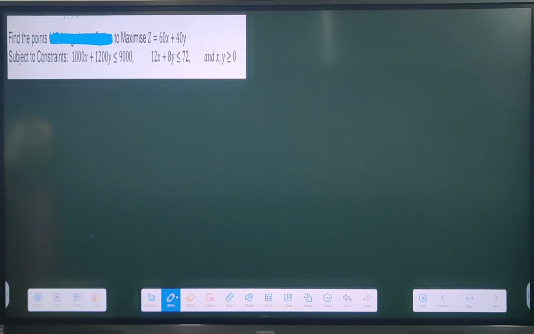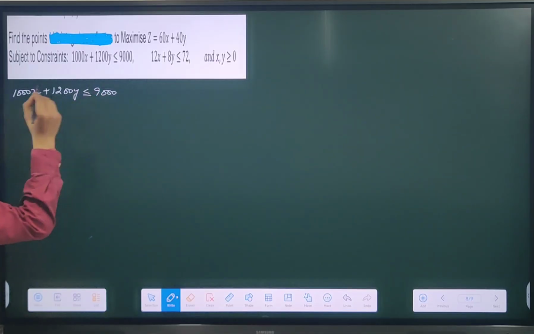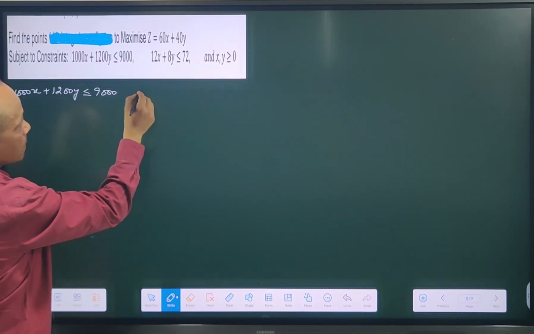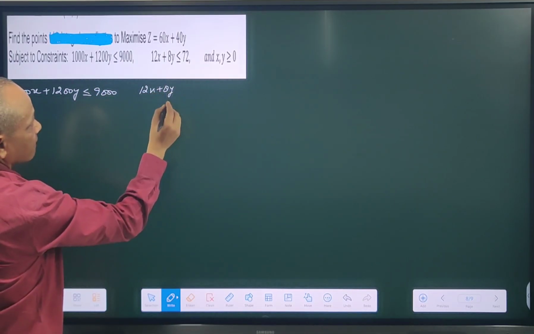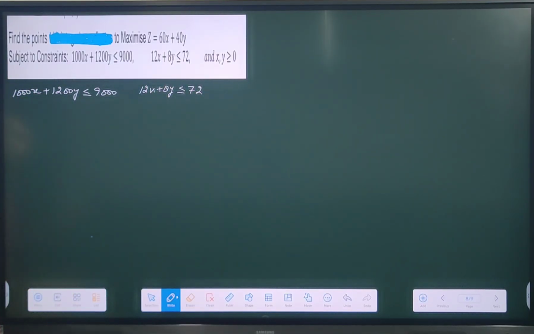Find the points to maximize the objective function, that is z equal to 60x plus 40y, and these are the constraints. The first constraint is 1000x plus 1200y is less than or equal to 9000, 12x plus 8y is less than or equal to 72, and x and y are greater than or equal to 0.